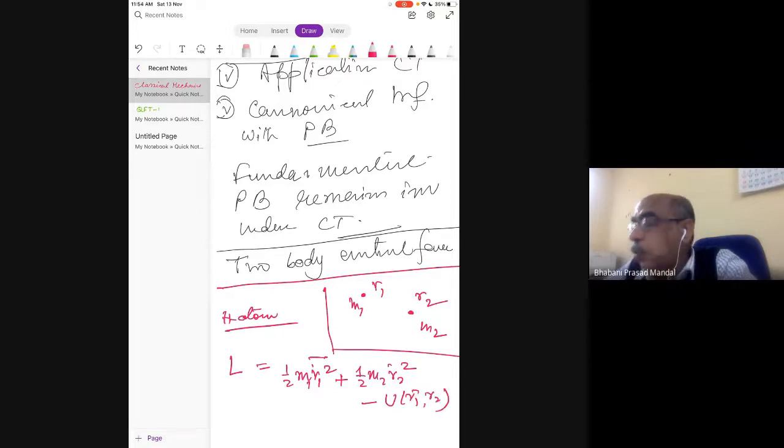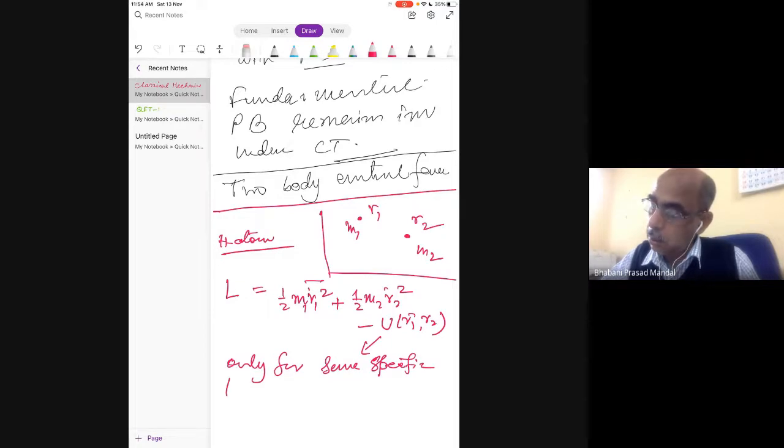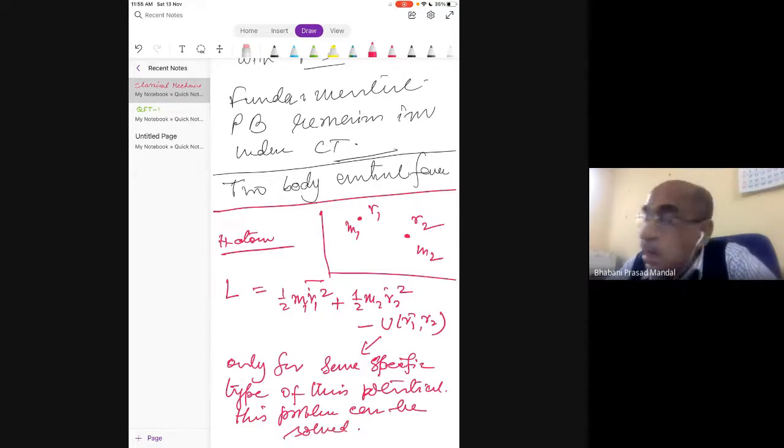Only for a specific class of this type of potential can this problem be solved, not for all, and one of them is the central force.